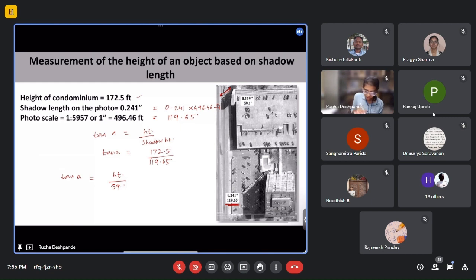So we can just equate these two equations and calculate the unknown. So this would be some 85.1 feet. I hope this is clear.